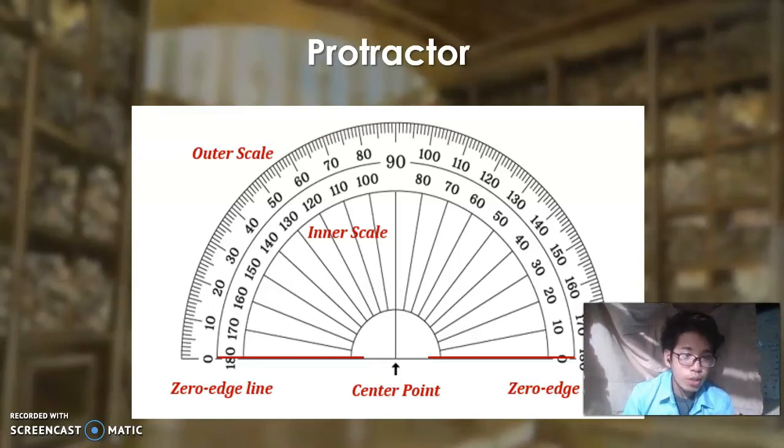The inner scale measures from 0 to 180, and also the outer scale, 0 to 180 degrees. This is measured in degrees. The inner scale is used as a guide for us to measure the specific measurement found on the outer scale. Sometimes we call those specific measurements crosshairs. The crosshairs of the measurements of those different degree angles can also be measured on the outer scale.